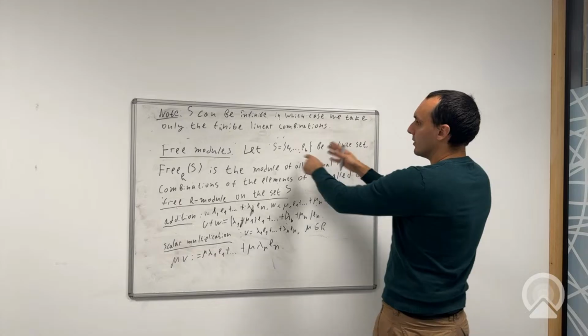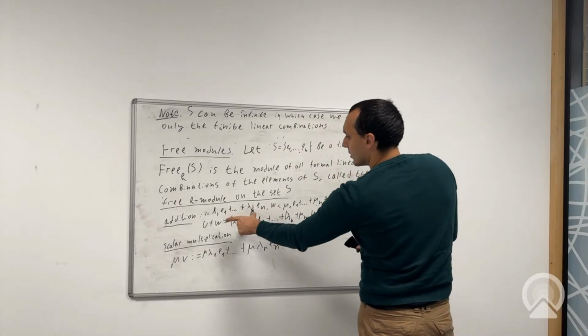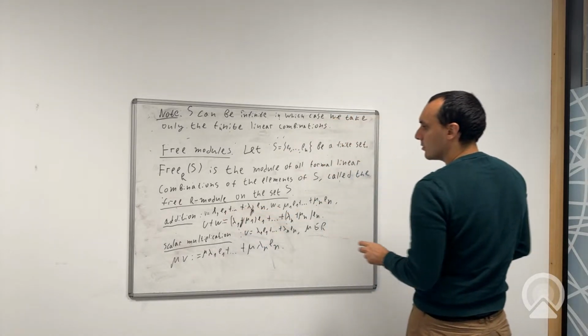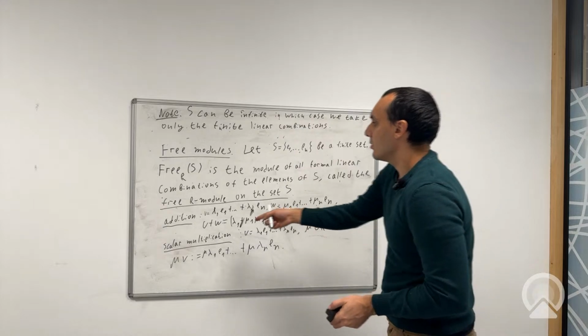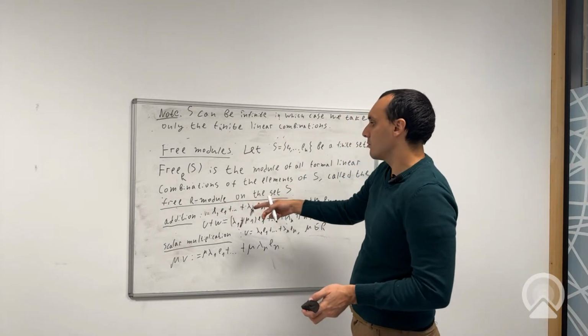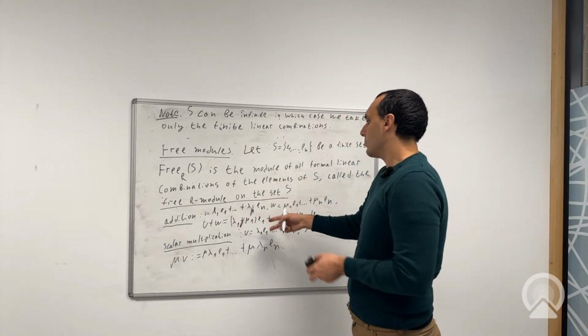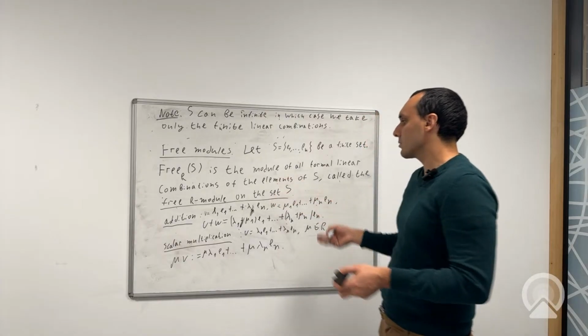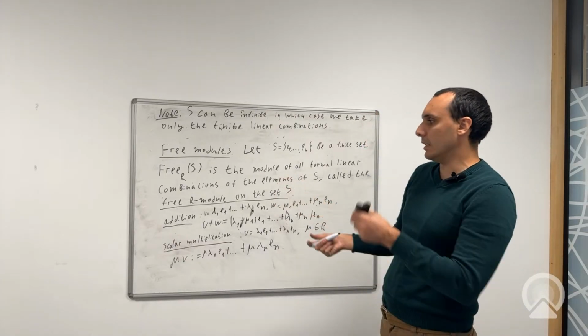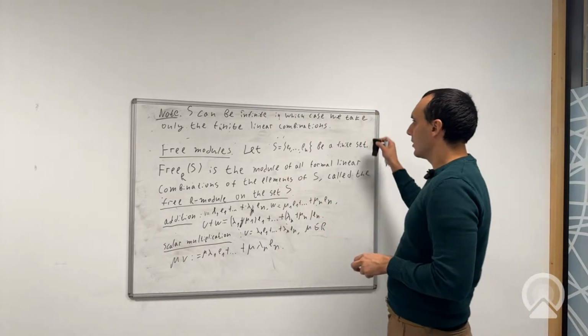So if it has an infinite number of elements, any linear combination is a finite one. It can be, for example, lambda 1 e1 plus lambda 3 e3 plus lambda 5 e5.